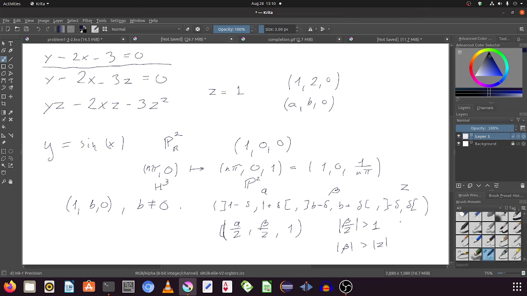And we can do that by saying that z's numeric value is smaller than delta.